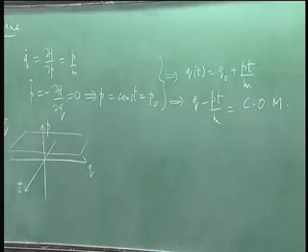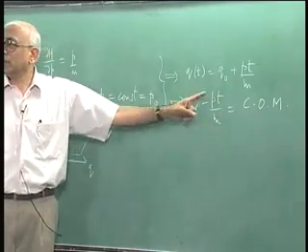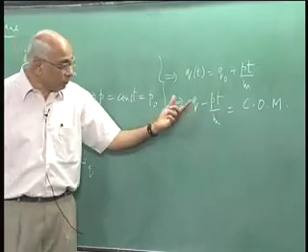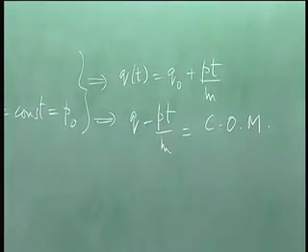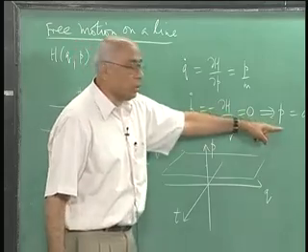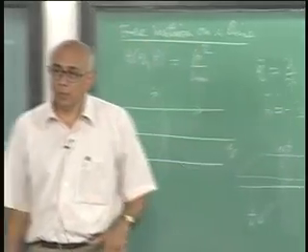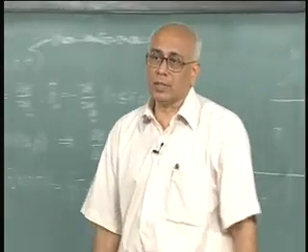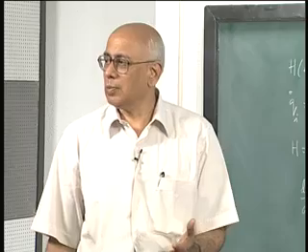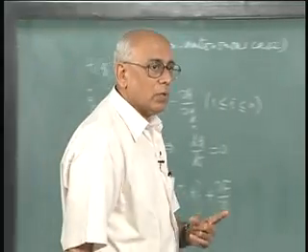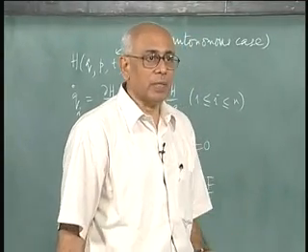This object is explicitly time dependent. So the intersection of this surface in the QPT space with this surface p equal to constant in the QPT space gives you the phase trajectory. So is this clear? You see why there must be at least one constant of the motion that depends on time explicitly. So do not be surprised if constants of the motion depend on time explicitly.